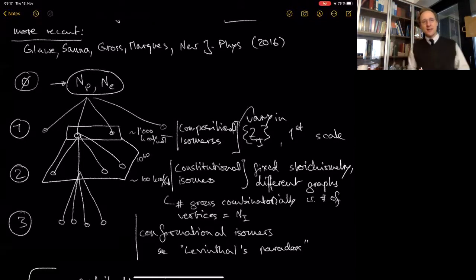But in principle, as you can see, the size of compound space unfolds from the levels below, right? So the number of electrons is really a very low dimensional finite quantity, which is not responsible for the immense size of chemical compound space.